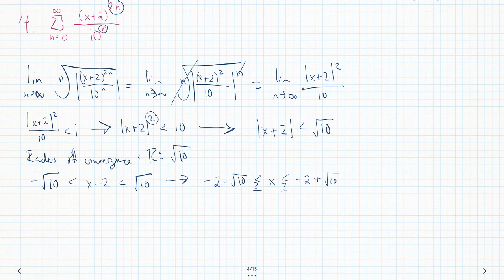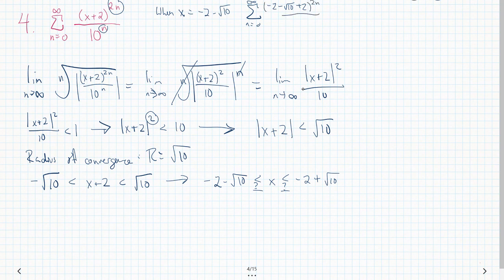So when x equals -2 minus square root of 10, hopefully we'll see real quick what happens. Notice we get a summation n equals 0 to infinity of, this would become -2 minus square root of 10 plus 2, raised to the 2n, all over 10 to the n.